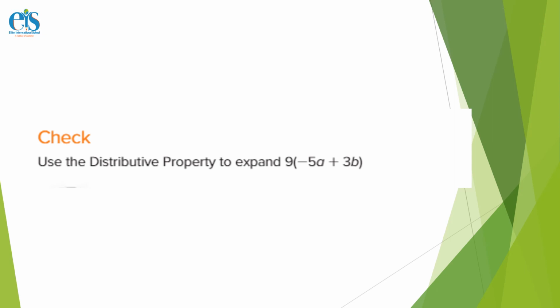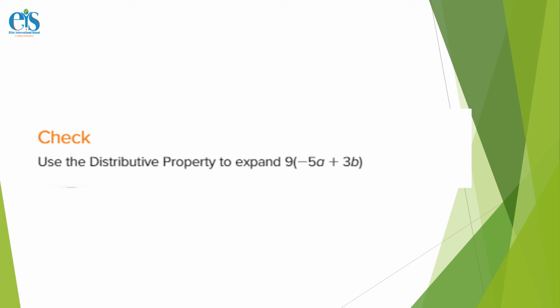Use the distributive property to expand 9 times negative 5a plus 3b. You may check how to use the distributive property and expand this question. Let's recap. You distribute the 9 to the terms within the parenthesis. The terms within the parenthesis are negative 5a and 3b.